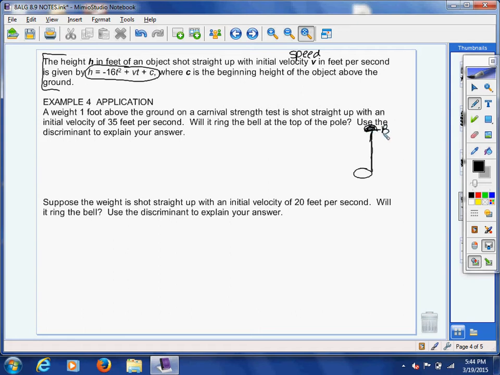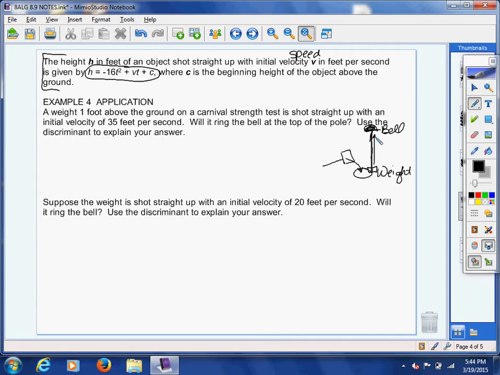This would be a bell here, and here's your weight. And then somebody with a sledgehammer is going to try and hit that weight right here at the bottom, and you're just trying to see if you can shoot it all the way up to the top, okay?